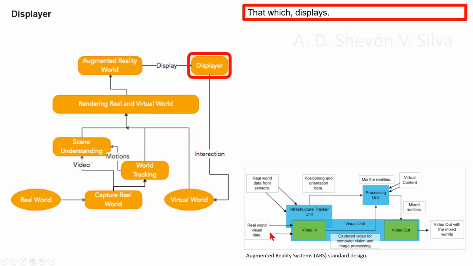here you can see real world visual data is connected to video in. Visual unit has video in and video out, and its captured video out, and infrastructure tracker unit, you can see that unit here.